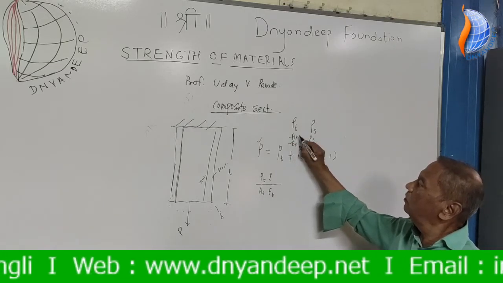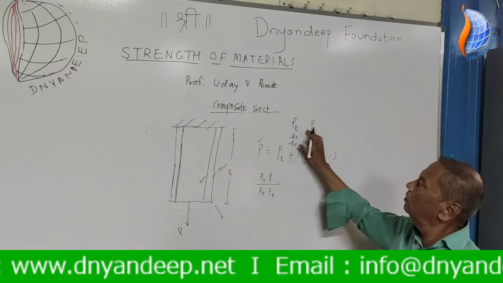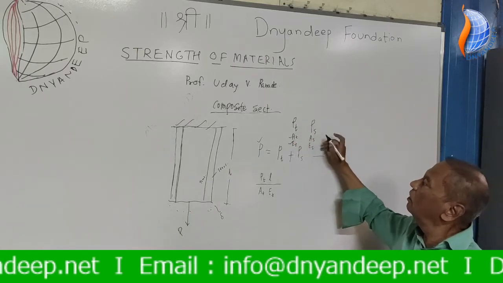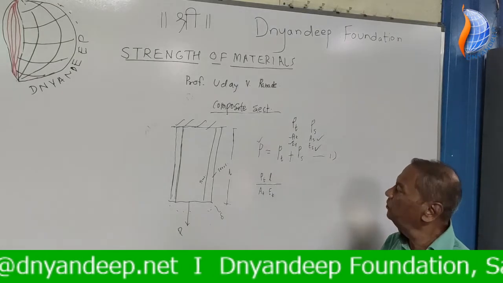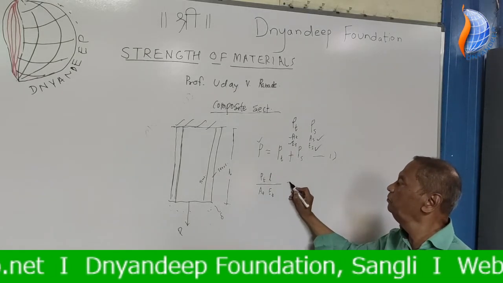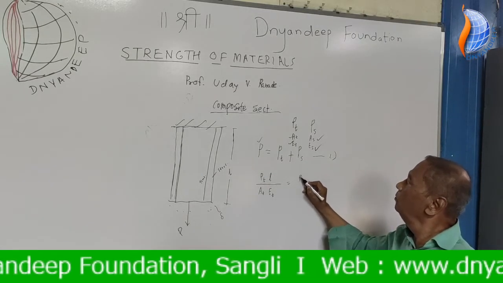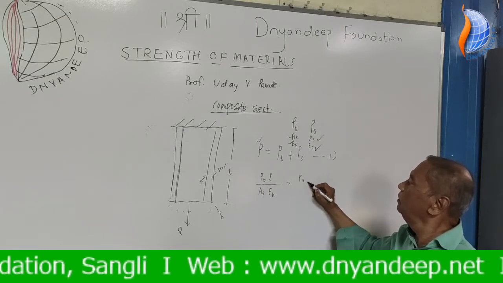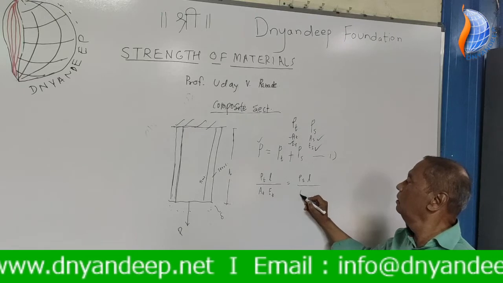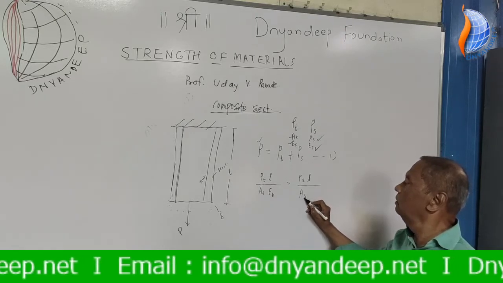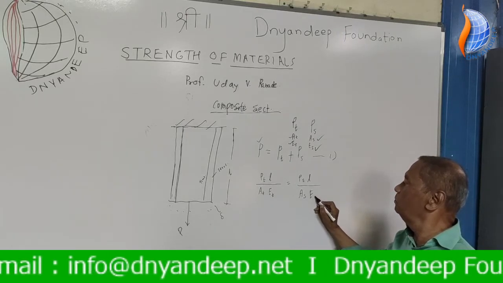This we know, but this we don't know. Again, this we know, because dimensions will be given. Now this is equal to PS into L, because L is common, upon AS into ES.